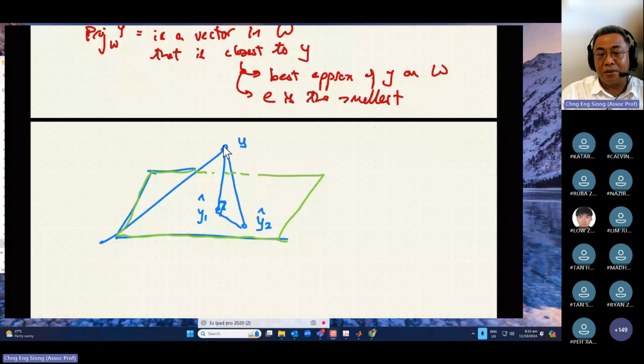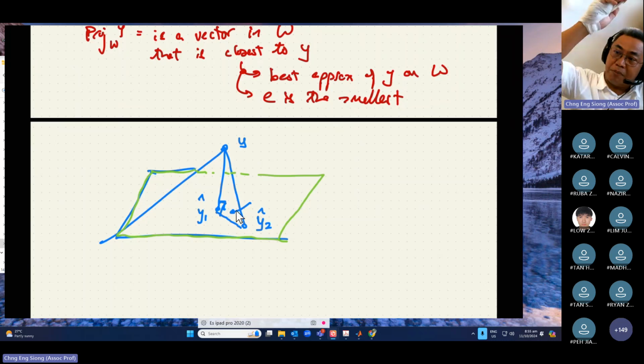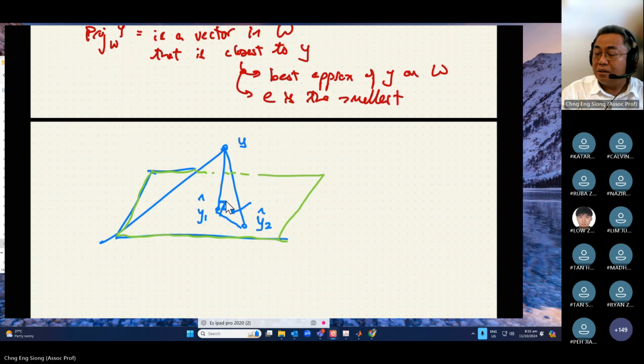Y1 to Y is one of the sides, and the shorter side. The way we want to do is to get the shorter side, so we must be perpendicular. So if you move Y2 closer and closer to this point, then the hypotenuse becomes smaller and smaller until it becomes one side. So this is the argument in the textbook. Right, let me show you where it is in the textbook.